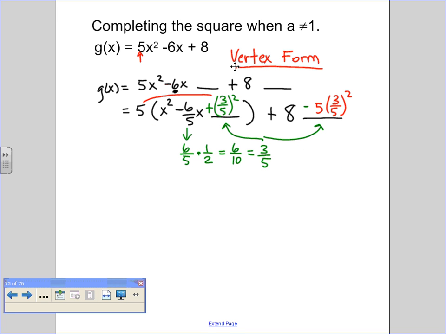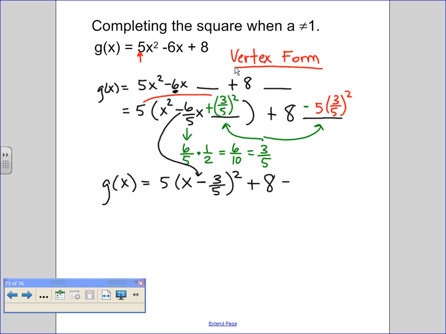And so then once I'm here, I can rewrite g of x as 5 times the quantity of x, remember, I take this sign, minus, and my fraction was 3/5 squared. And now I have plus 8 minus 5 times 3/5 squared.